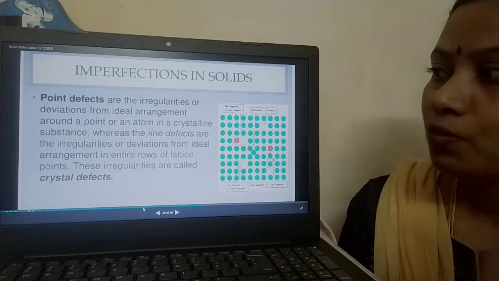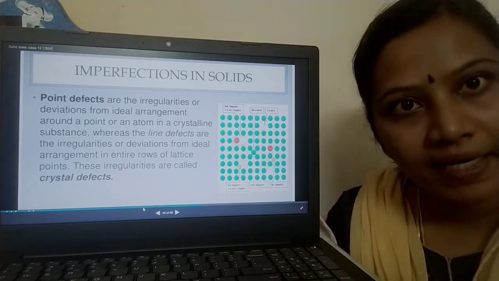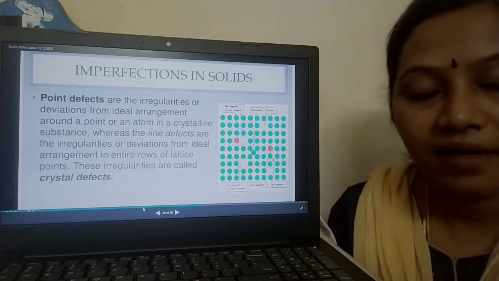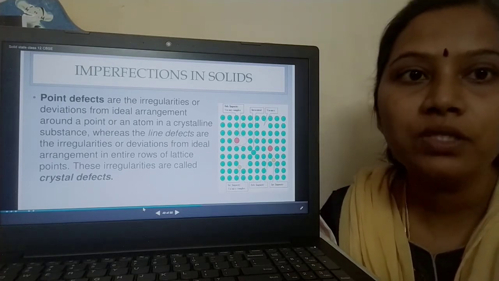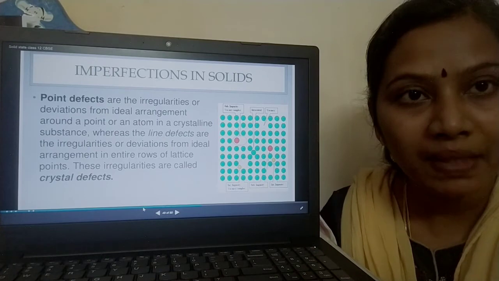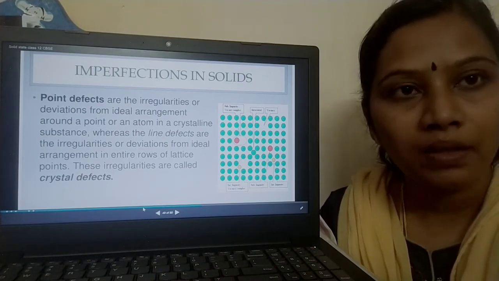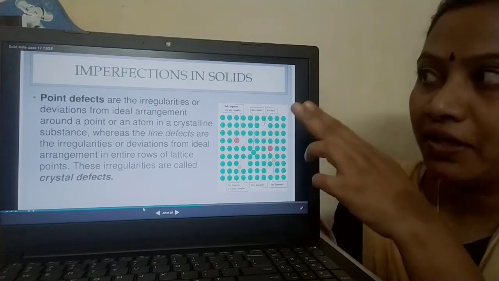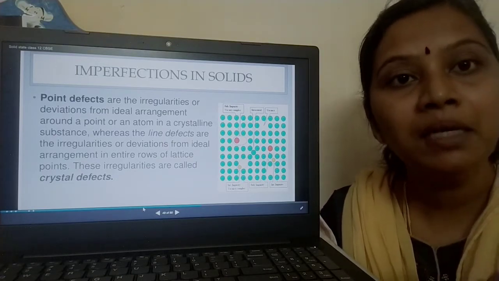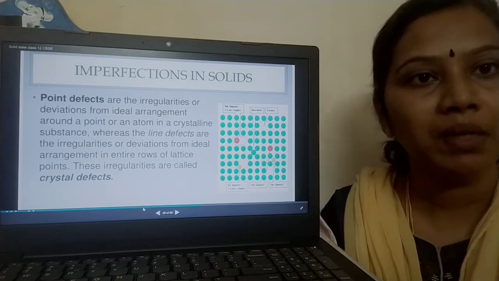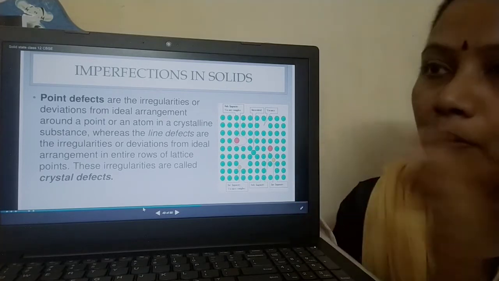So the first one will be point defect or line defect. This comes under the category of imperfections in solids. All solids are not pure, all solids are not completely perfect, so I am going to call the defects imperfections in solids. These imperfections are of 2 types: point defect or line defect. Now what are point defects?